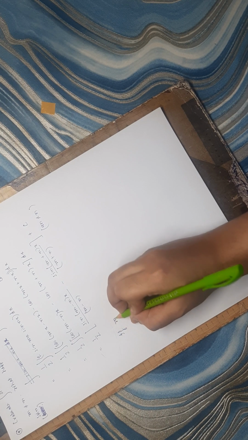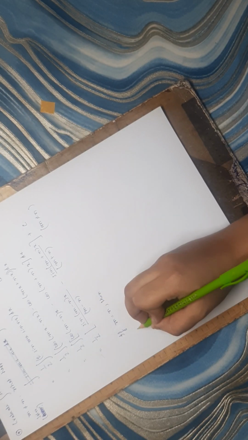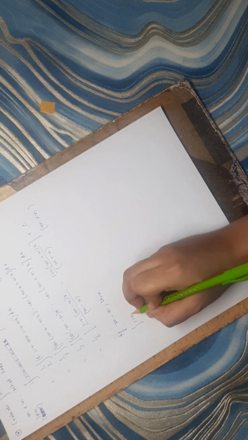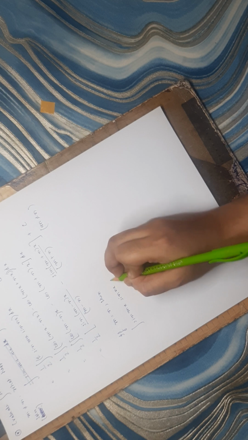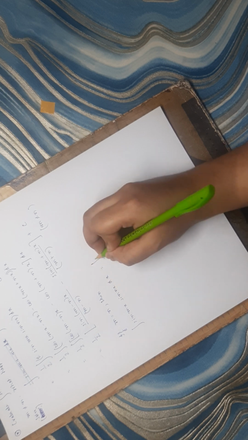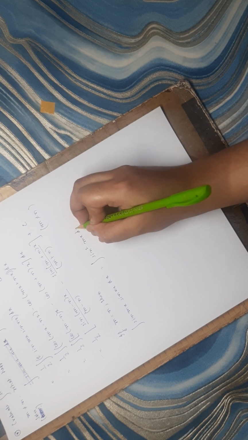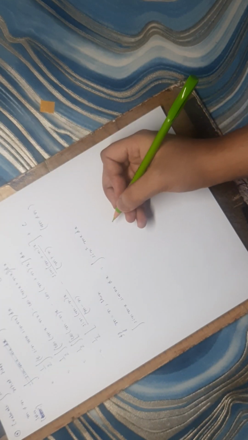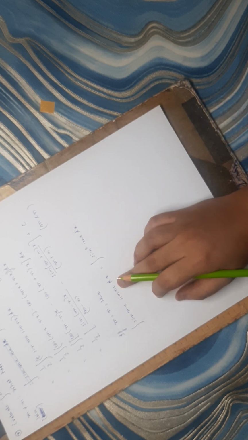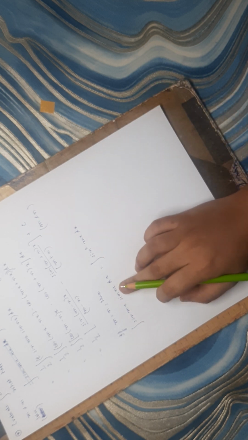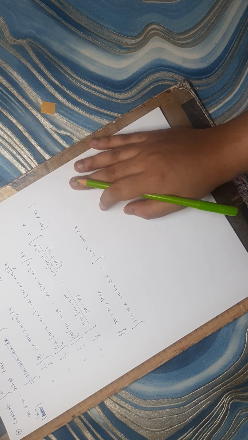If m is equal to n, then what will happen? We have sine of mx and sine of nx dx here. Because m is equal to n, it is sine square mx or sine square nx, whatever you write, both are the same.